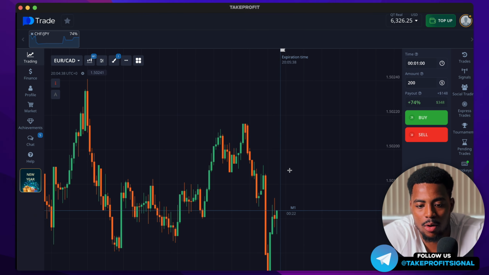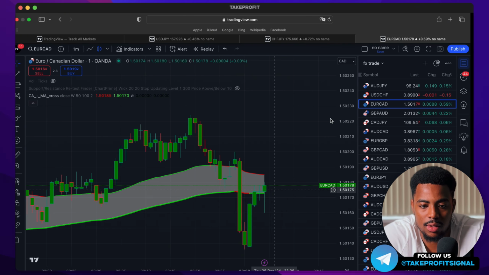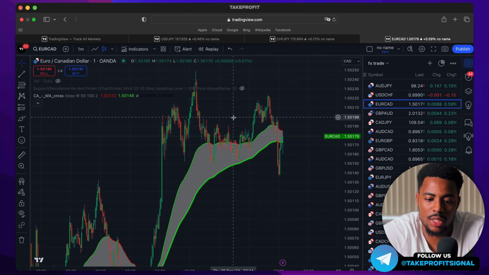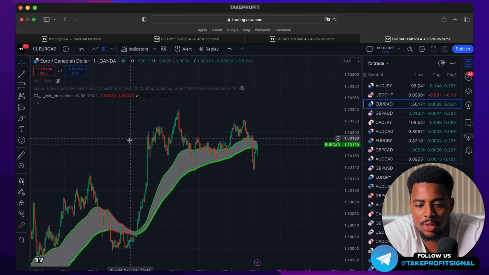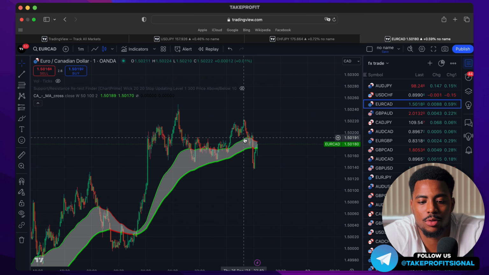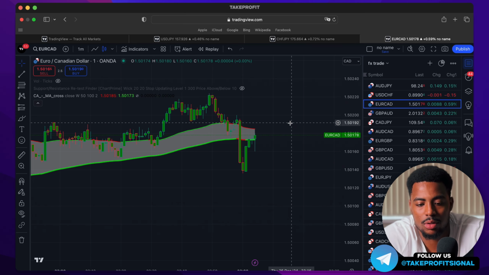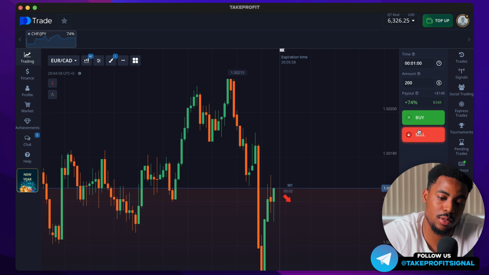I have opened all assets on both the platform and TradingView in advance. Now we will try to catch a trade on a downgrade. Why? First of all, we have already formed such a sideways movement after a strong uptrend. We've basically broken the structure. The market no longer looks like it's going up.